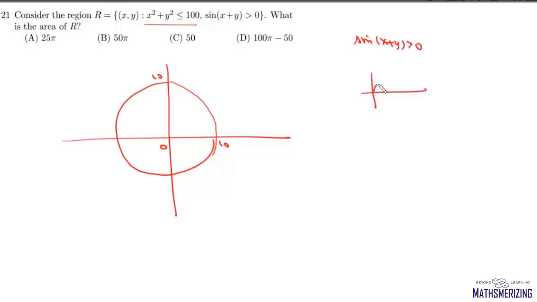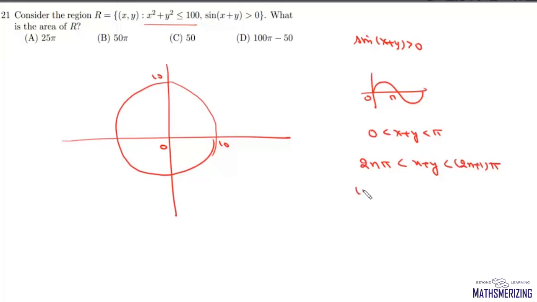Now sine is positive when the angle lies between 0 and pi. So here x plus y should lie between 0 and pi. Now we can generalize it as 2n pi is less than x plus y is less than (2n plus 1) pi. So the value of x plus y should lie between 2n pi and (2n plus 1) pi.